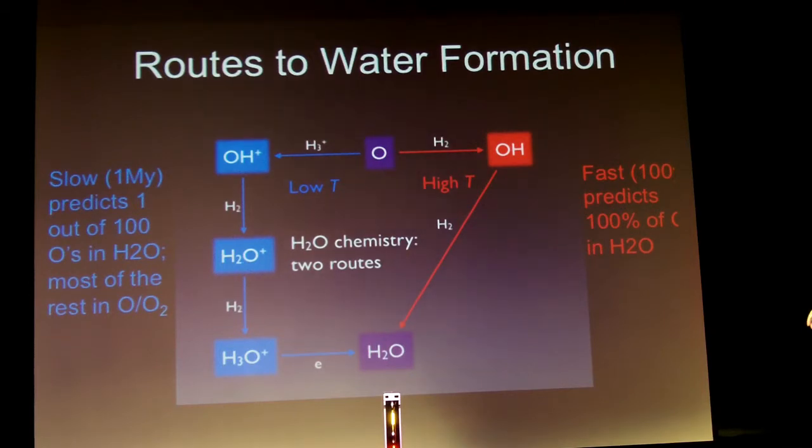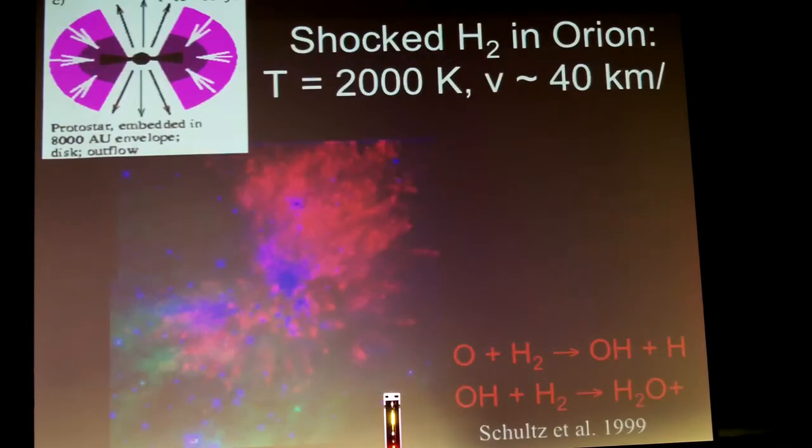Now, my early research was on trying to understand this route. And the reason that we focused on this route is that the tools that we had to detect water 20 years ago or so were not particularly good at finding the water that went the other way. I'm going to show you some details about this fast route first.